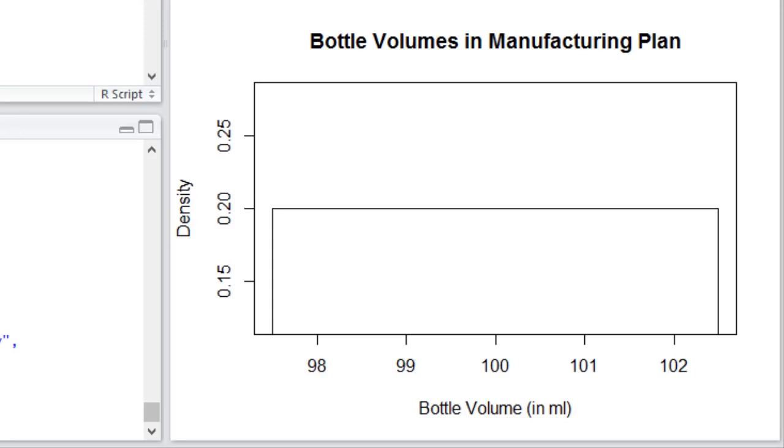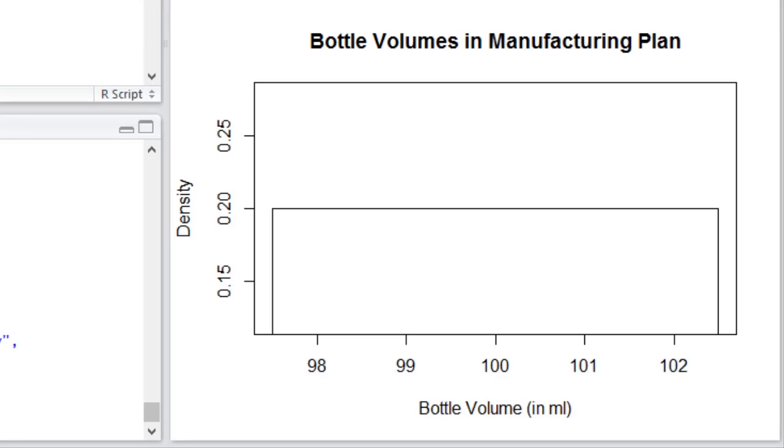That's why we end up with this rectangle shape. The density is 0.2 for every point from 97.5 to 102.5 and 0 outside of those points. That is, nothing's allowed below 97.5 and above 102.5.